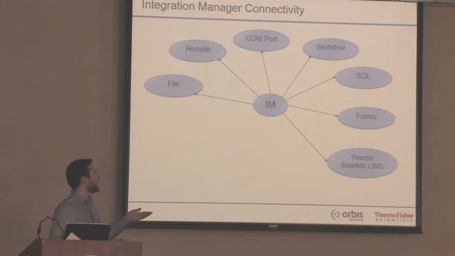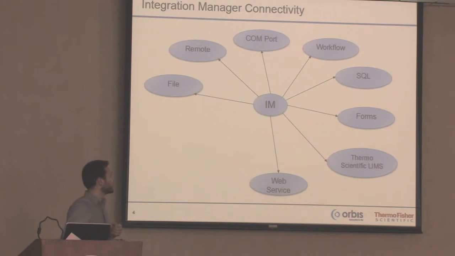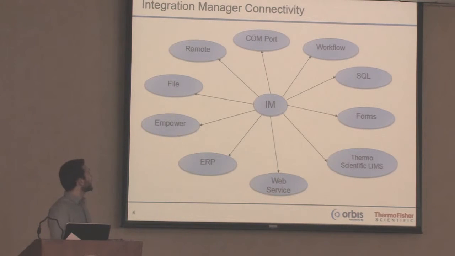We then have agents for each of the Thermo Scientific systems, web service agents for connecting with web services, and an ERP agent for connecting to SAP R/3, which is certified by SAP for integration. And finally, we have the Empower agent for connection to Empower and transfer of your chromatography data.